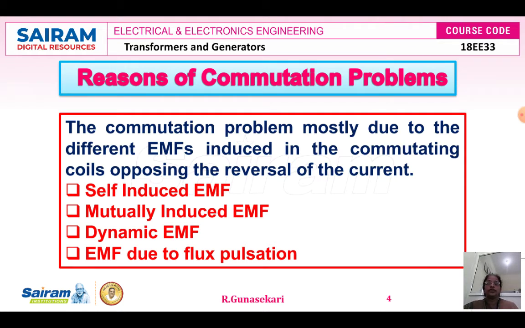There are four types of EMF: self-induced EMF, mutually induced EMF, dynamic induced EMF, and EMF due to flux pulsation. These four EMFs affect the process of reversal of current during commutation.